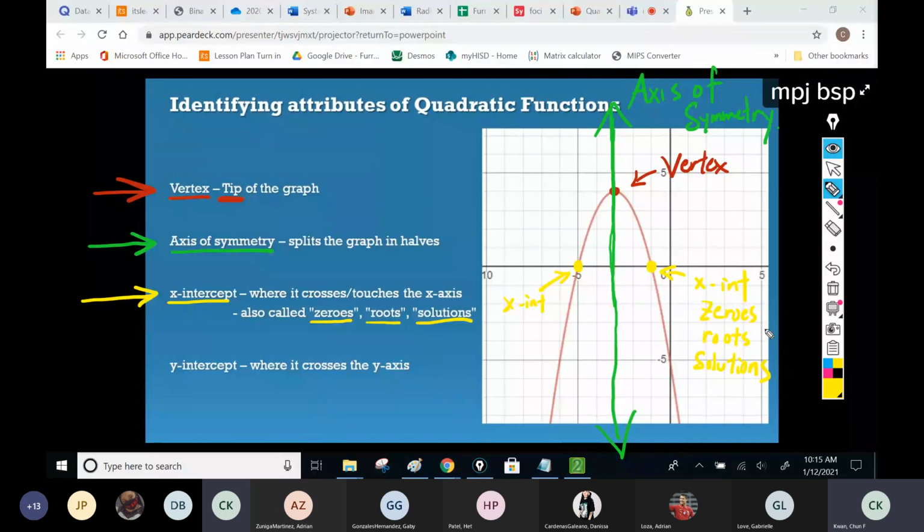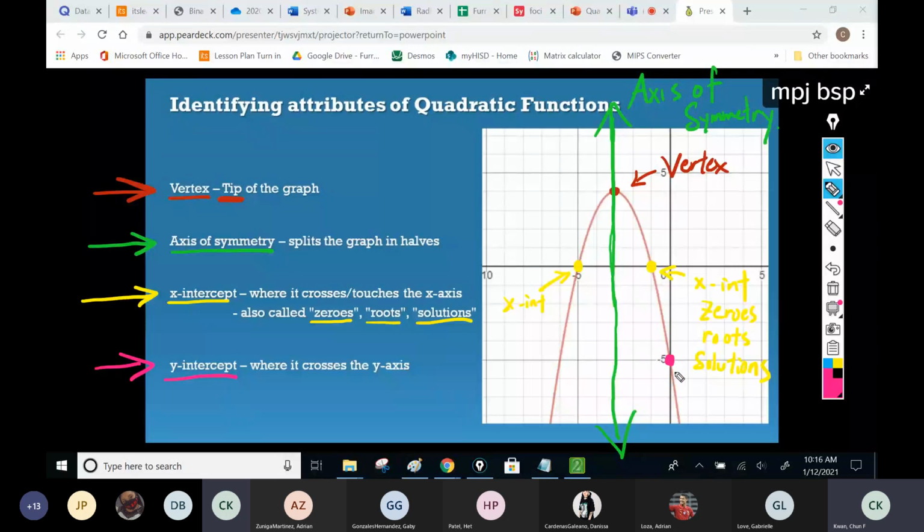So in my class, I'm going to use all four of these terms. All right, I will use all four of them. And then the last one is the y-intercept. The y-intercept is where the line crosses the y-axis.